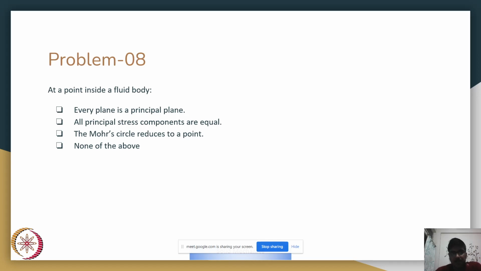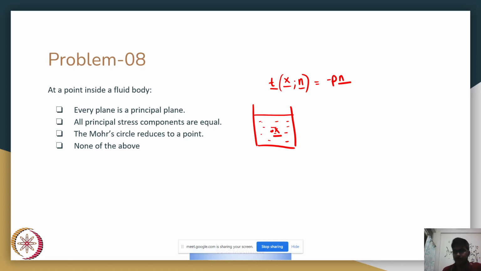Okay, the eighth problem. We are looking at a point inside a fluid body. If you remember, the traction for a fluid body at rest is nothing but minus P times N, where P is the pressure, and sigma is nothing but minus P times I, where I is the identity tensor.